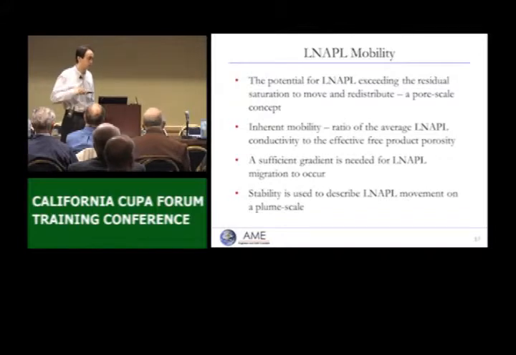However, if you drill a hole in the sidewall, you create a gradient, and it starts to move. The same concept applies here for oil. And on the plume scale, we talk about stability. We typically use the word stability to describe an LNAPL plume. We call it either stable plume, unstable plume, migrating, shrinking, all those things. So it's a different word with sort of different meanings.